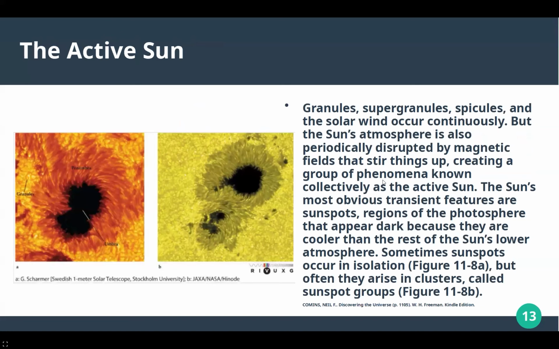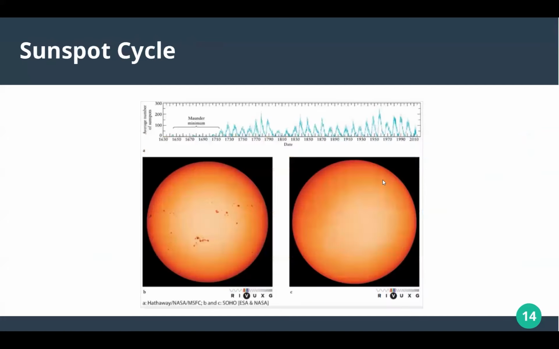Sometimes sunspots occur in isolation, but often they arrive in clusters called sunspot groups. There's also a sunspot cycle which repeats every 11 years, where you have a peak in the number of sunspots, and halfway through you get a minimal amount before going back up to the peak, as seen in the diagram and the pictures in this slide.